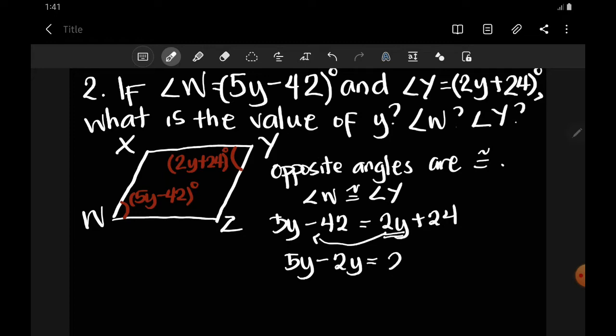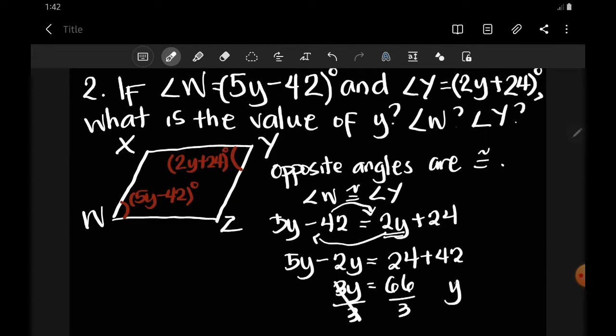Equals 24. And then transpose negative 42. So it will become positive 42. And then combine 5y minus 2y, that is 3y, equals 24 plus 42, that is 66. Divide both sides by 3 for us to eliminate 3 here in 3y. So cancel it out. 66 divided by 3, y is equal to 22.